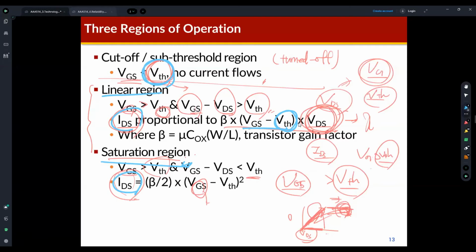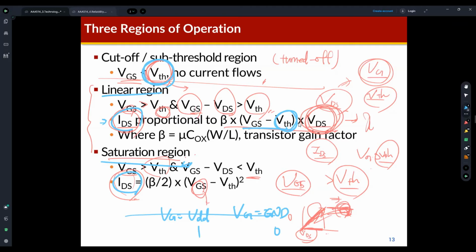But in digital design, we just focus on VG being VDD or ground, because it's digital. So we just focus on the two levels, 1 and 0. But why am I talking about the IDS?